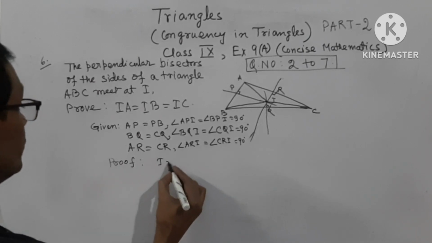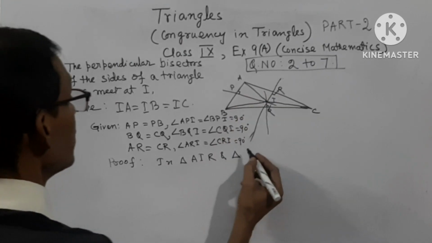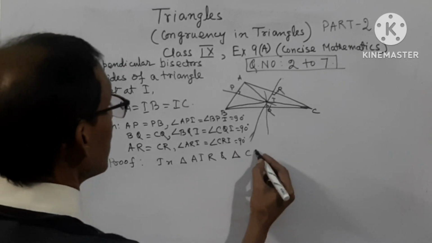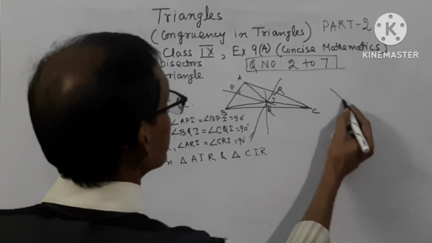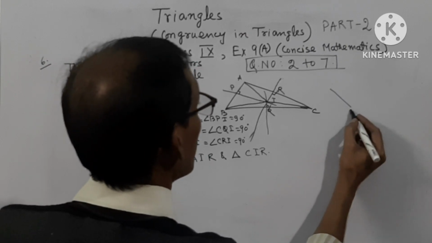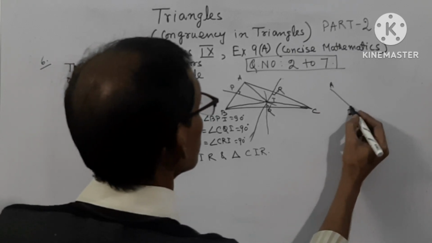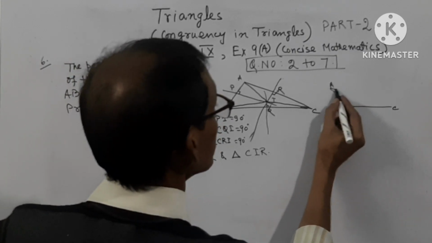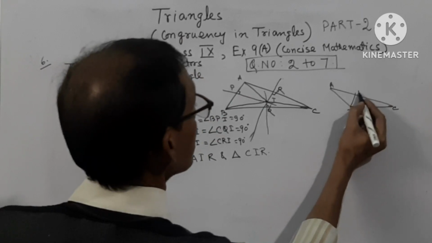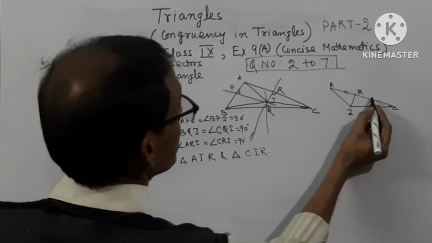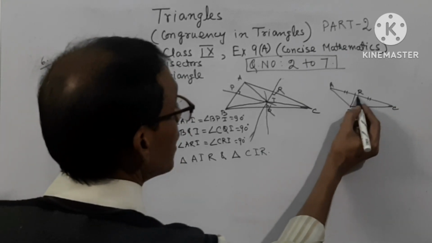In triangle AIR and triangle CIR. See, this is I, this is I, A, C, this is AC, and this is the perpendicular bisector, this is the R. This equal to this, and this is perpendicular.